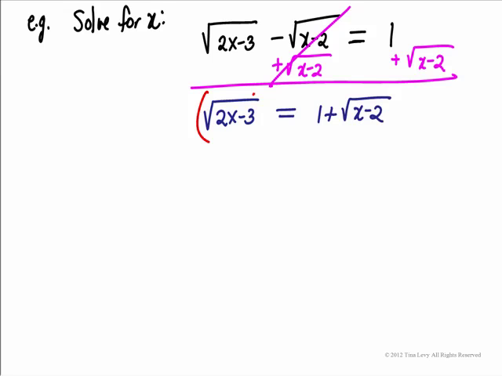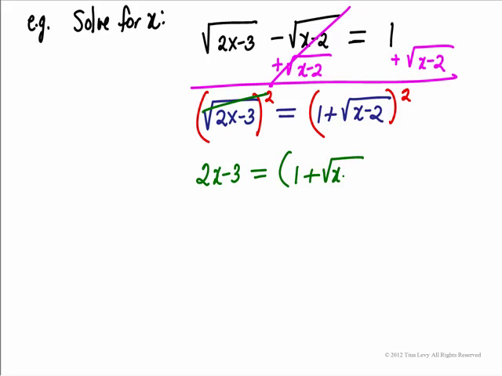So first step, we're going to square both sides. Square root and square releases what's under the radical, and we get 2x minus 3 but this is a binomial squared, so we're going to have to write it twice.